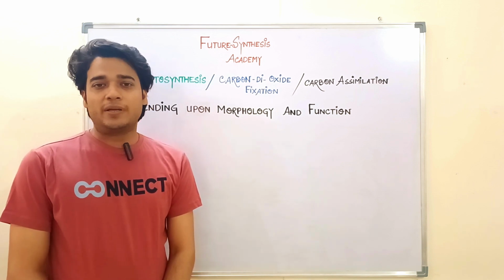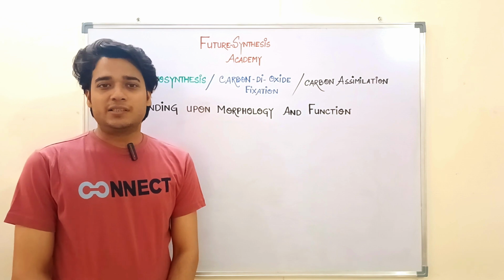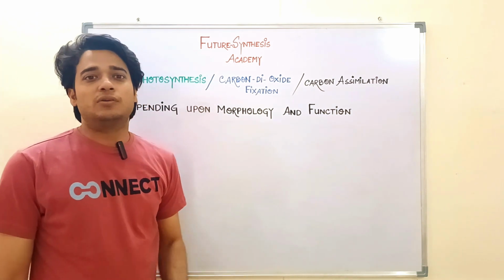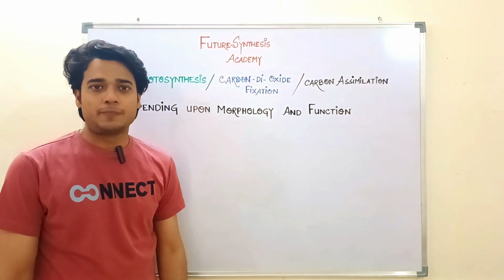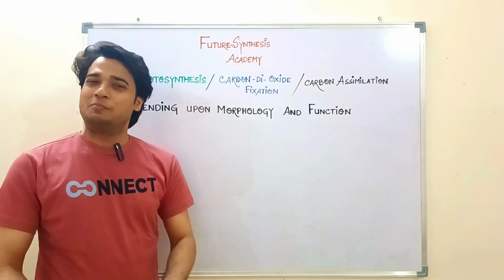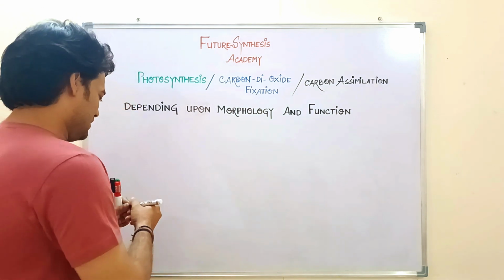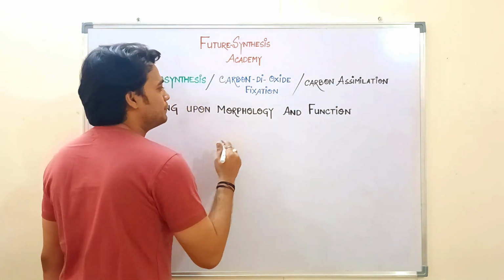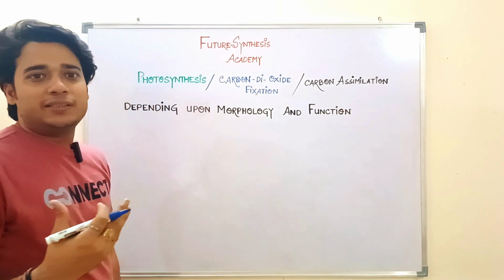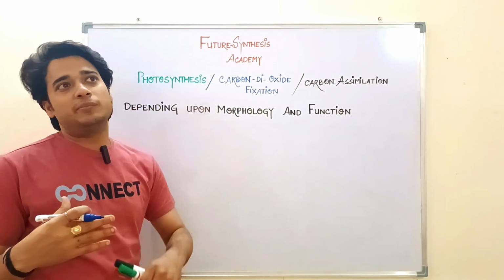Now in today's topic, I will be basically discussing the morphology and function of plastid. तो चलिए फिर से आरंभ से प्रारंभ करते हैं. So basically, the plastid came into existence in my previous video.